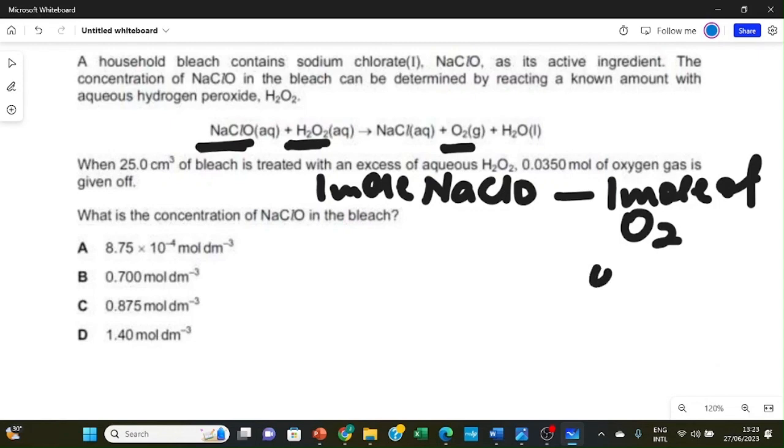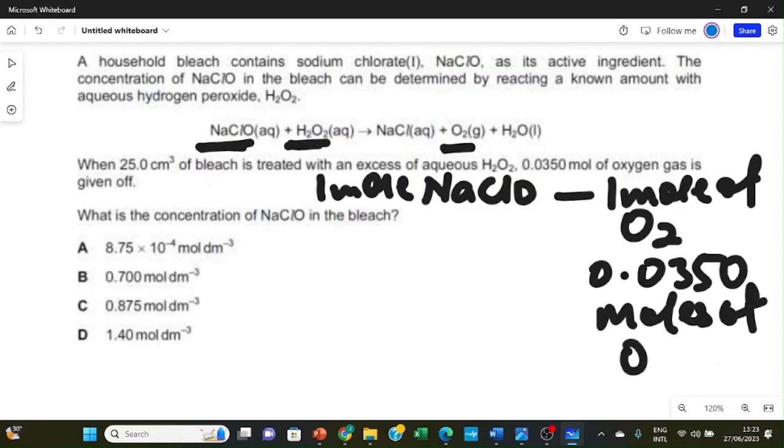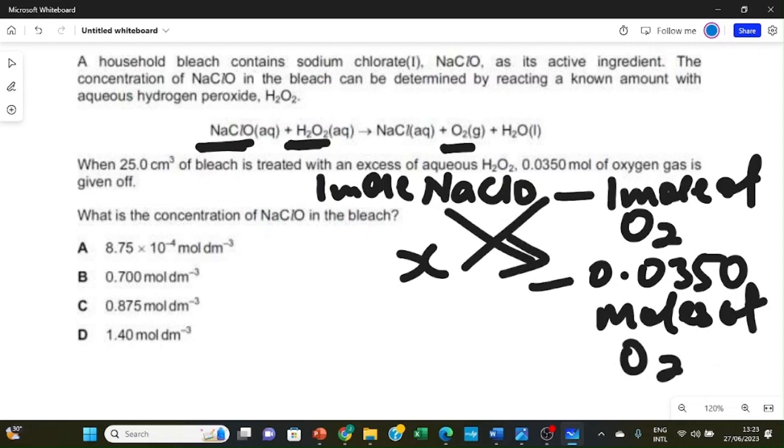So that means 0.0350 moles of oxygen will require what mole of sodium chlorate(I)? So you cross multiply. I think it will require the same mole.